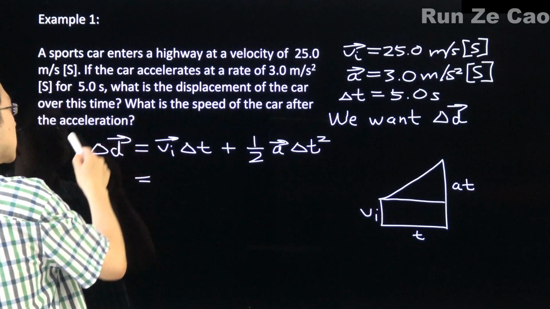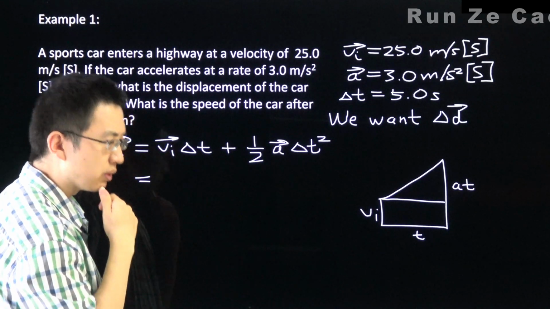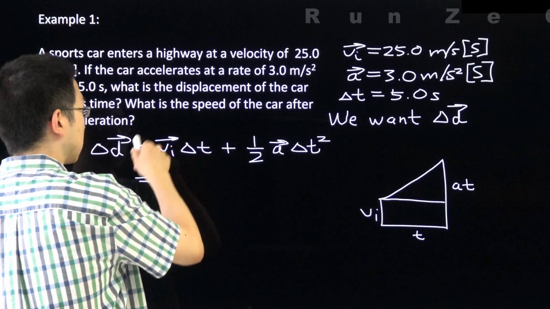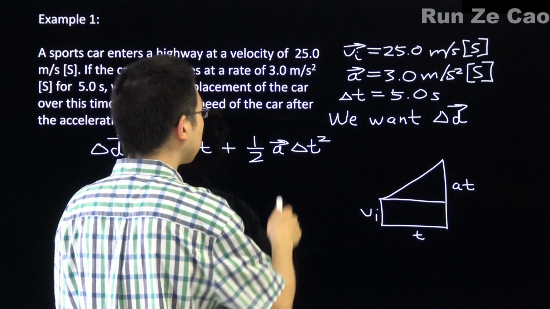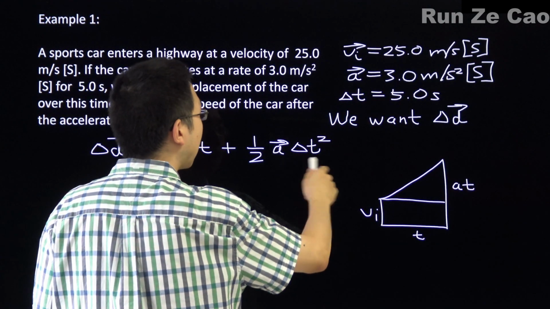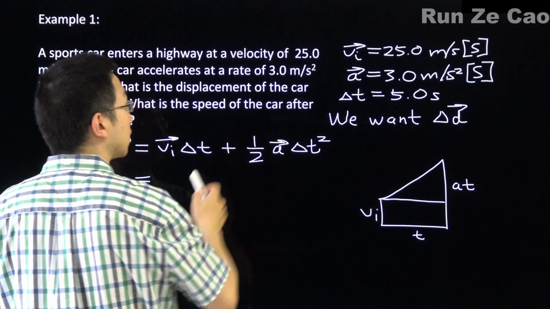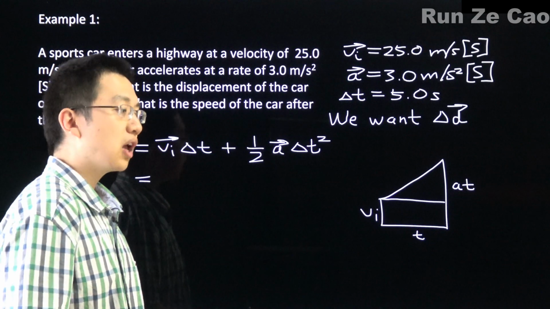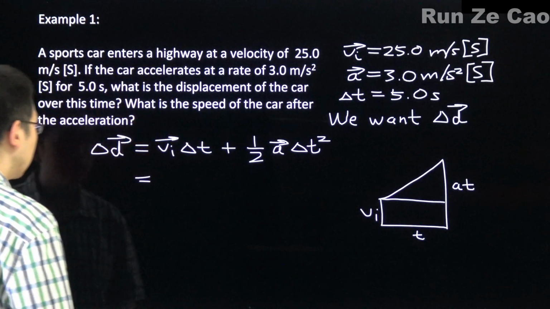If you want meters, then, well, VI is in meters per second. We multiply by seconds. The seconds cancel out. This term comes to meters. Okay. And what about this term? Oh, meters per second squared multiplied by seconds squared. Hey, that cancels out to just meters. Therefore, our units are correct, which is usually a pretty good indicator that you are at least on the right track.